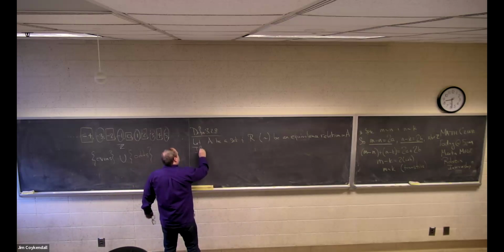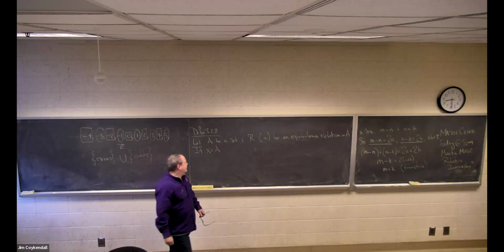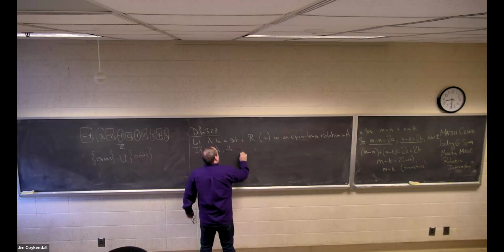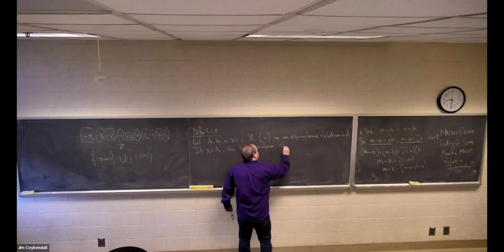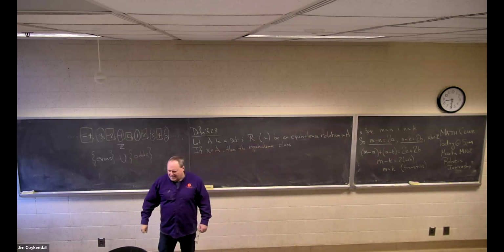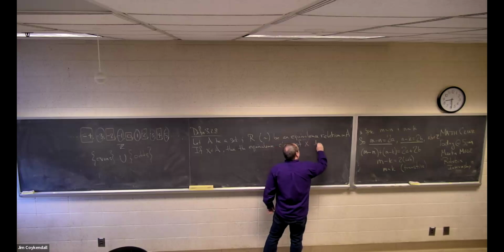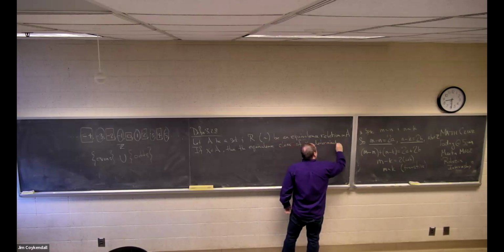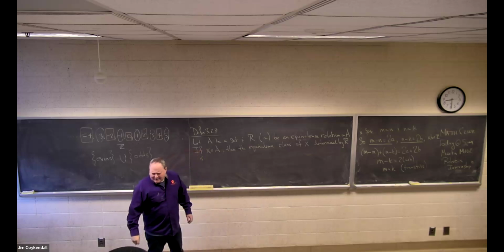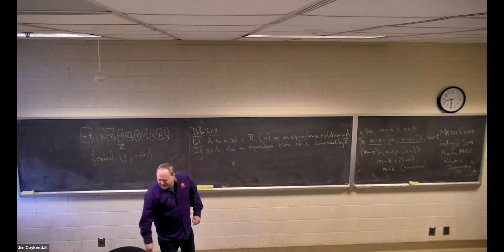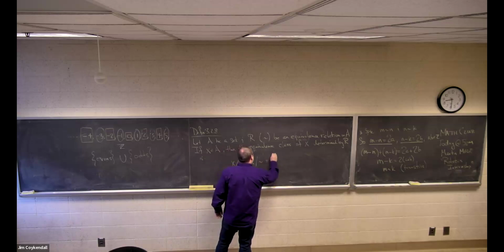If X is in A, any element that you want, then the equivalence class of X determined by R, determined by the relation, is sometimes written this way: X slash R or X slash tilde.